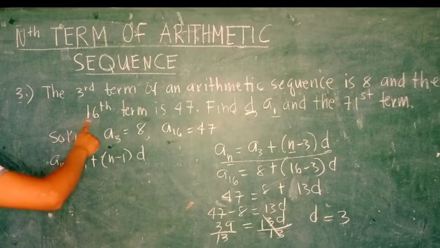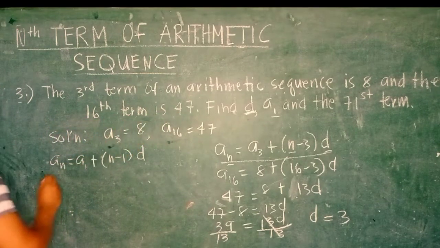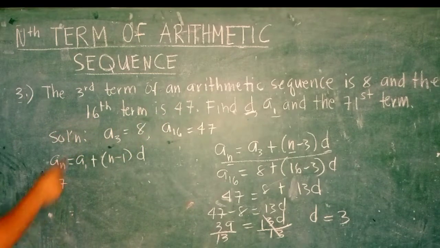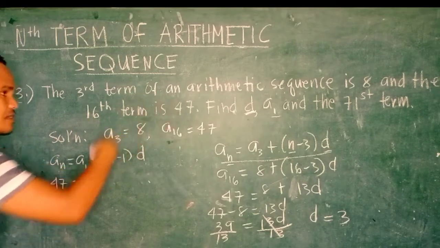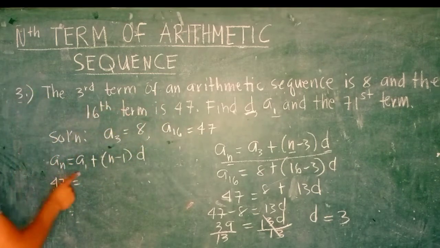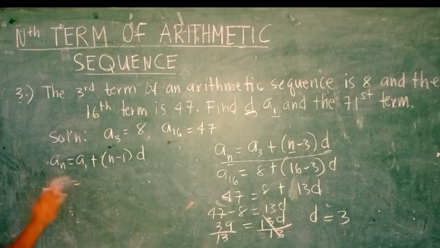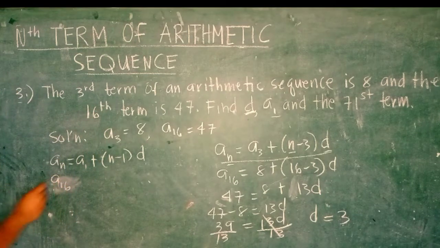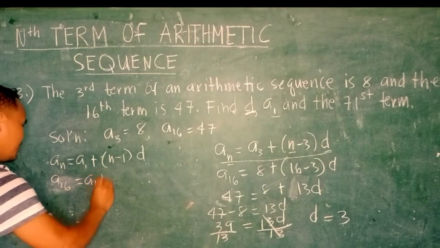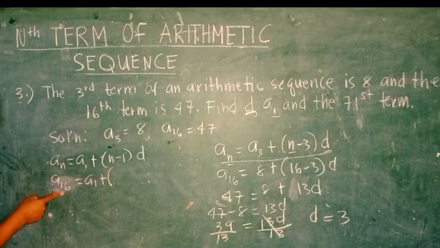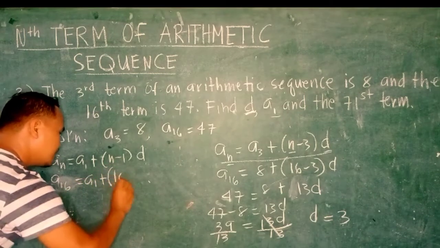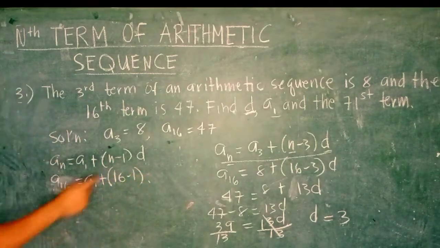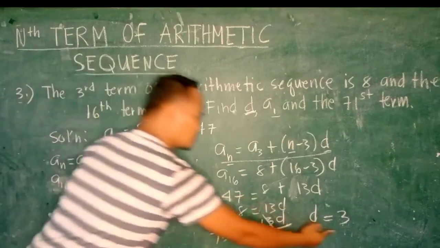So here the given last term is 47. So we say 47 is the last term. Okay? If we use a sub 16 as our last term, it was a sub 1 plus n minus 1 times d, where n is 16. So n is 16 minus 1. And we solved for d already.